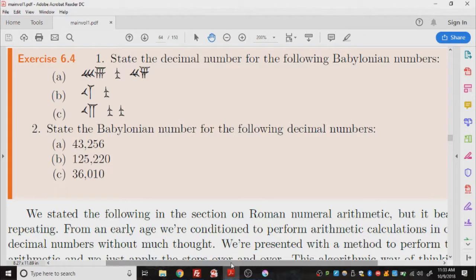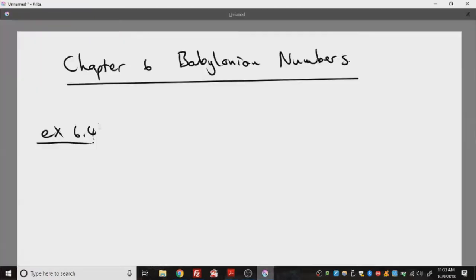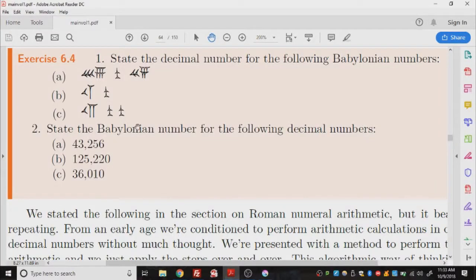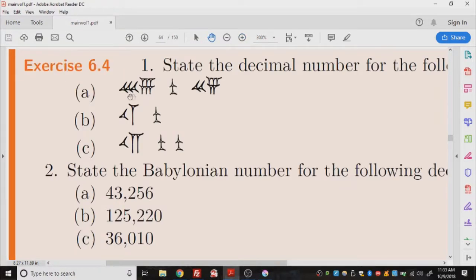So, in 1A, I have to go back and forth because I forgot my book. I have a 3-place number, so it's the first one counting 60 squared, then 60s, then 1s. So that, I need to zoom in a little more perhaps. 36.